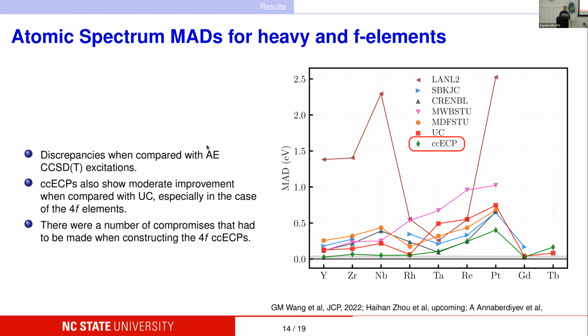One thing of note is that with these F elements, we were constructing them quite differently from how previous ones were done, where we would break them by primary quantum number n. Instead, we include the 4f in the valence, where normally we would try and put that in the core. Everything else in the n equals 4 shell was put into the core, except for just the 4f, which was moved to the valence.